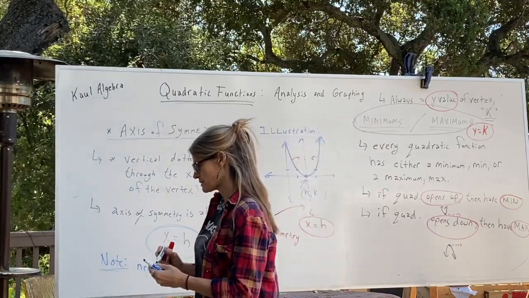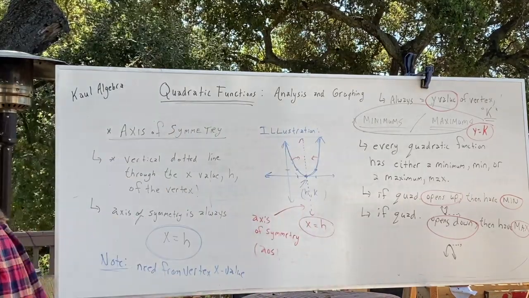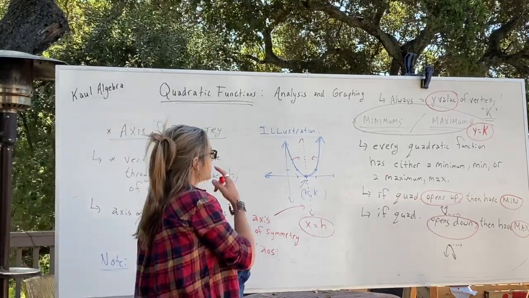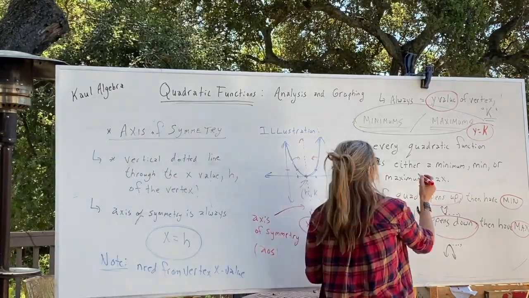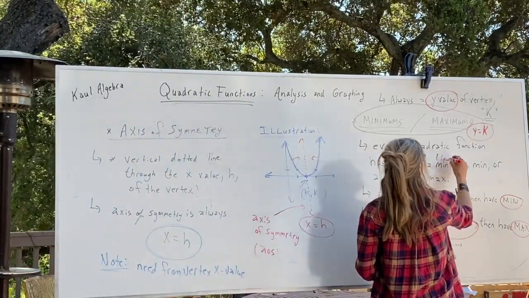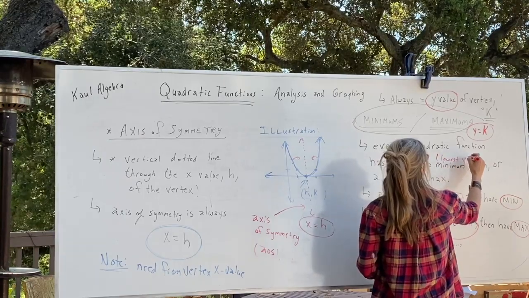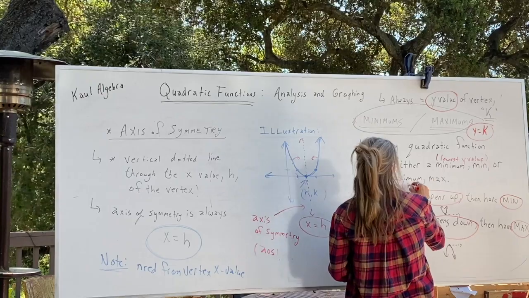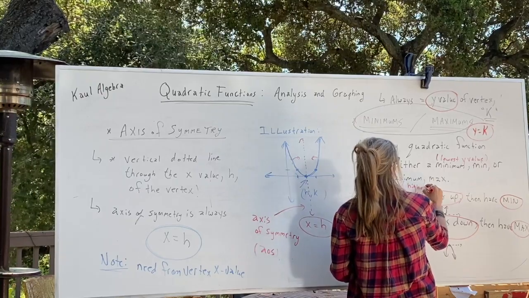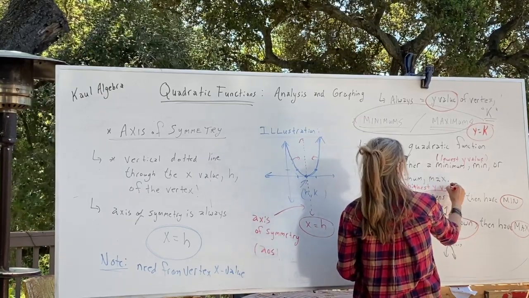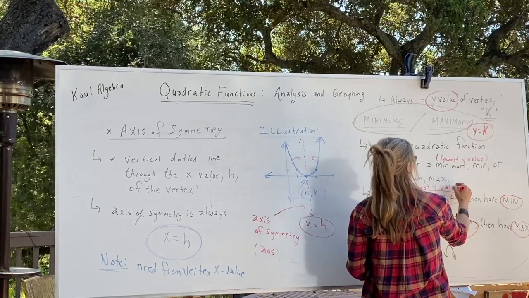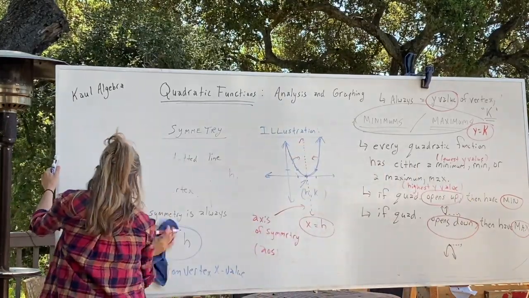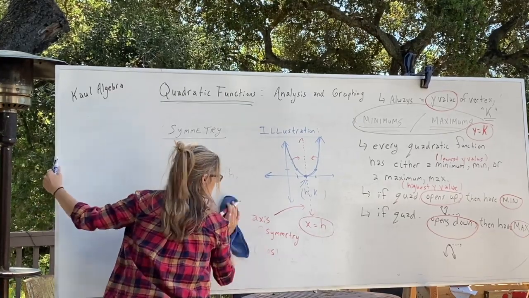So let's take a look at some examples here. So the minimum is your lowest y value. And your maximum is your highest y value. I just want to stress that before we move on to this example. Okay, here's some examples.